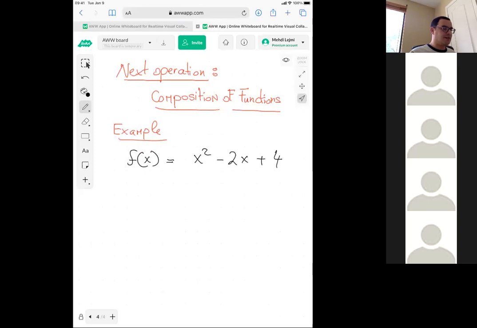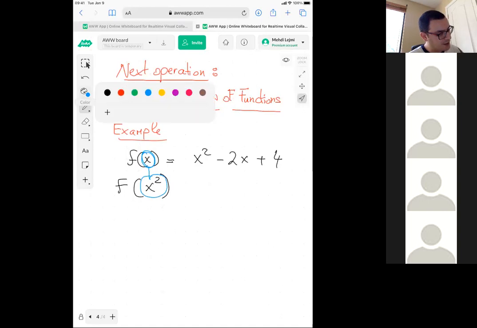This is my function f. Now I'm going to play with this function f, and what I'm going to do is replace the x by some function. Let's say I want to compute f of x squared. So I decided to replace x by x squared. So instead of this x, I'm going to have x squared.